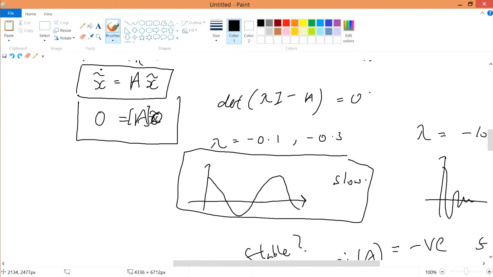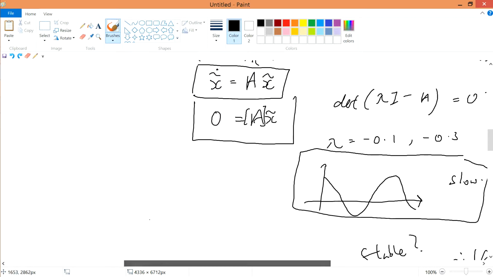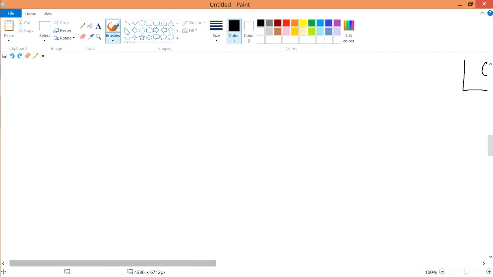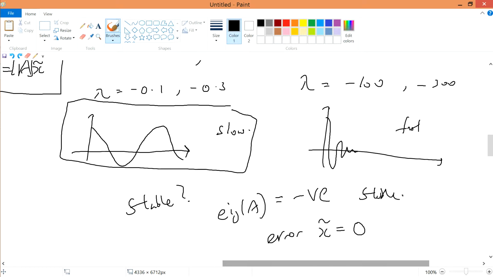But if this is 0, your dynamic system should also be 0, and therefore the error between your real processes and your model processes is the same. And this raises the question of what is called stable. Is it stable because the response is stable, or stable means that your model is the same as your real system, then it's considered stable? I don't know, right?